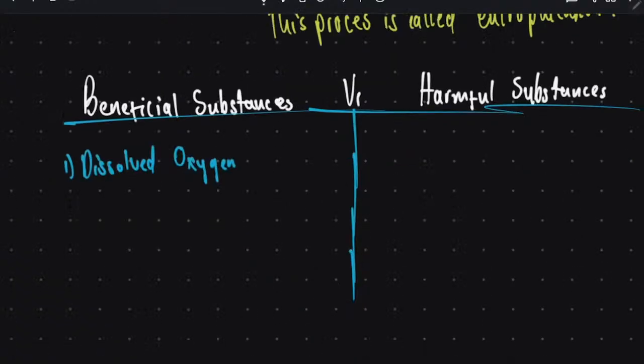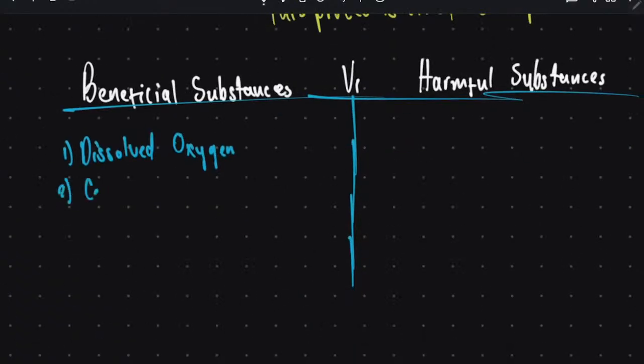Beneficial thing number two: calcium, magnesium, potassium, these group 1 and group 2 ions.